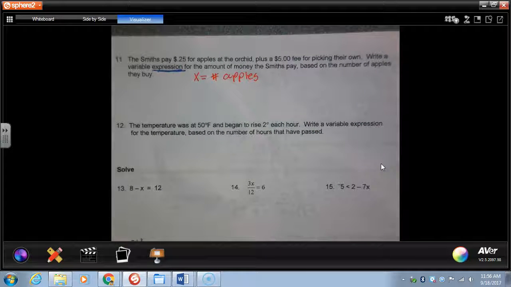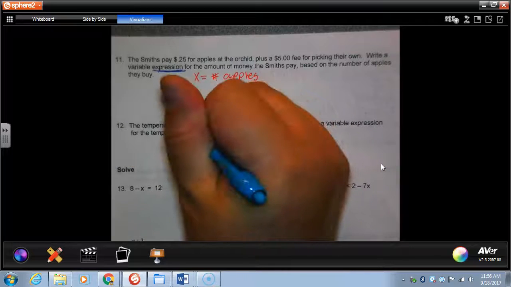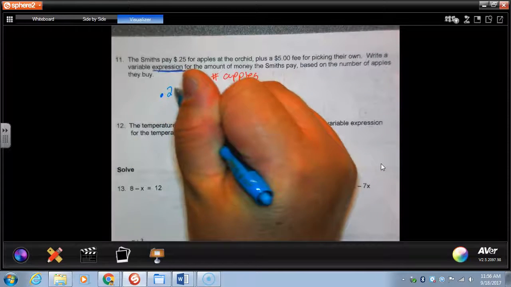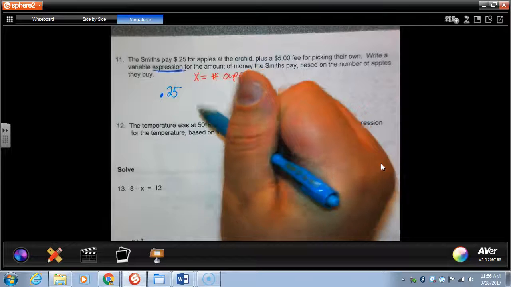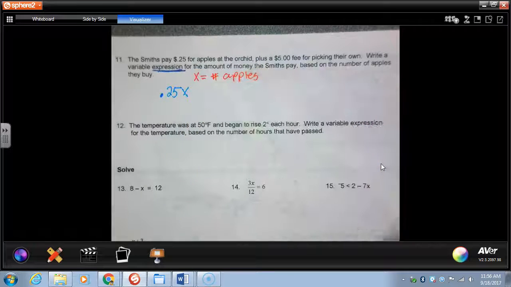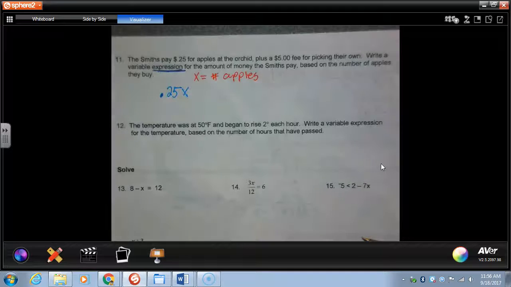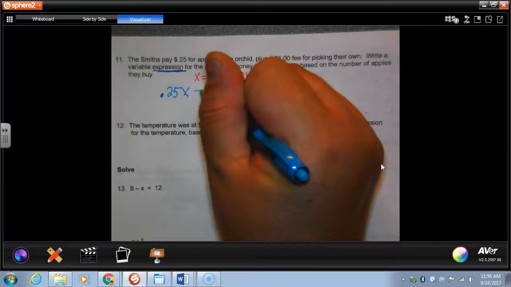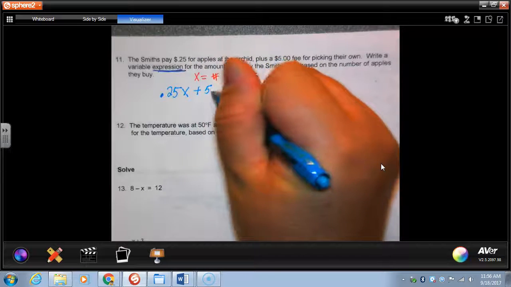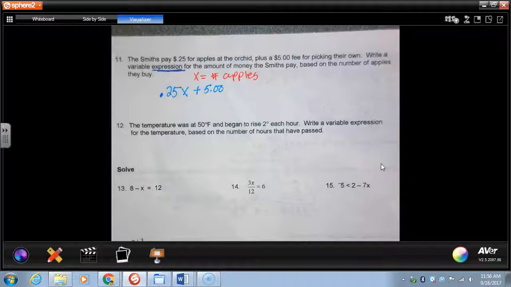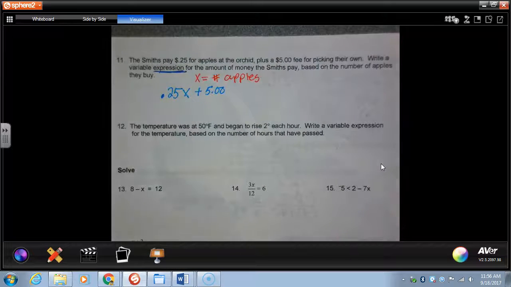What is it? 25 cents per apple. And then they had to pay somebody $5 to let them work for them.